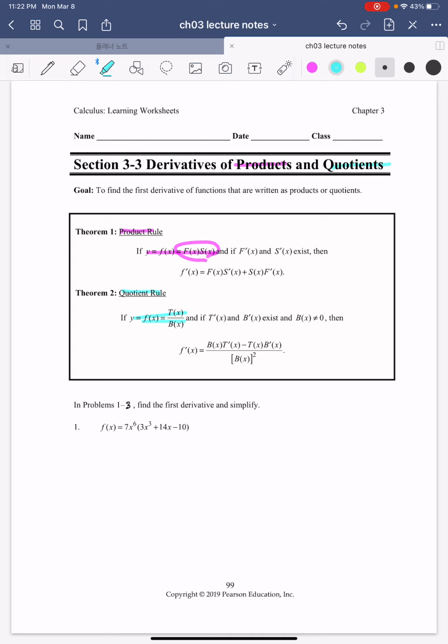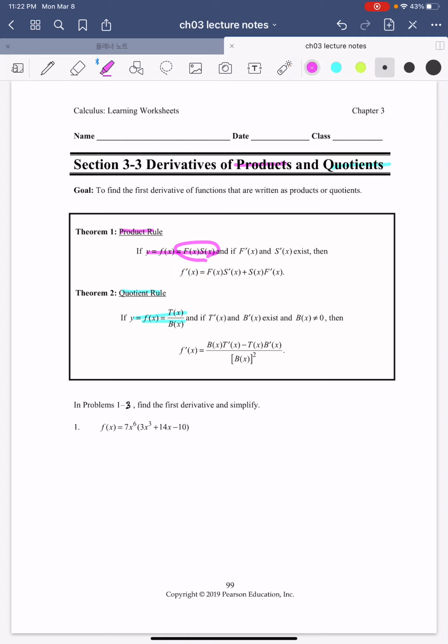So the rule is, first thing is you have to look at the function and decide if this function is written as two functions being multiplied or two functions being divided. So you have to identify F and then S, and then to take the derivative of this product, it's this part over here.